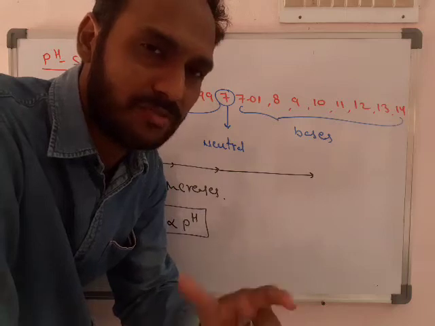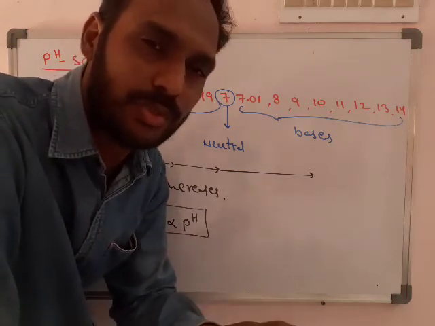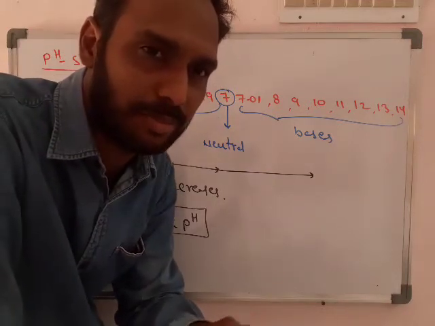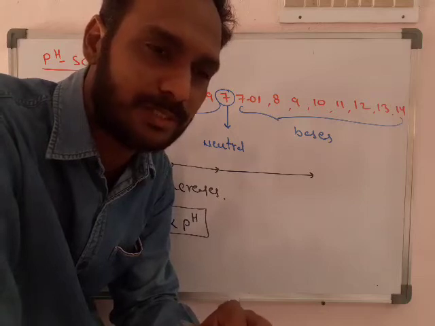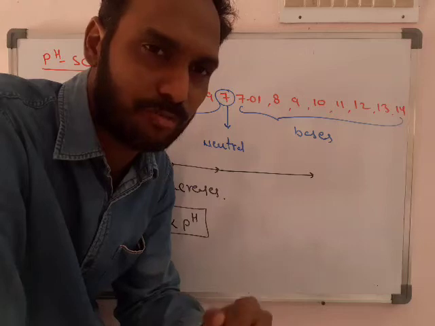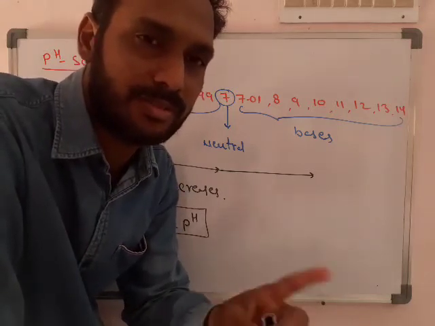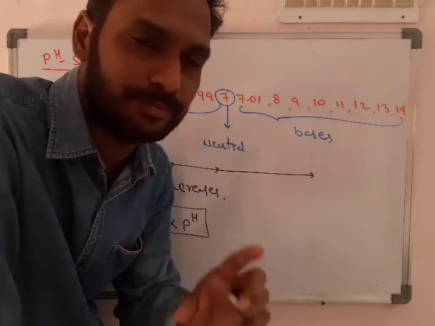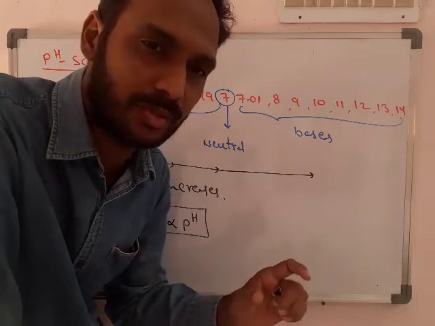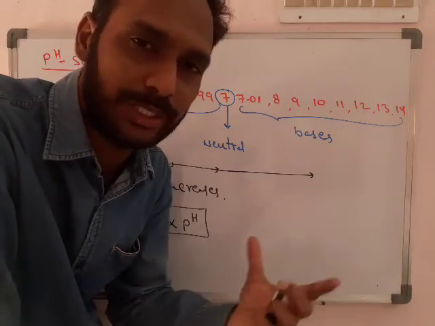With the help of the pH scale, we are able to know the acid, base and neutral solution comparison, and also we compare the strength of acids and separately the strength of bases, meaning which is strong acid, which is weak acid, which is strong base, which is weak base. It is limited from 0 to 14 values. It is also known as the Sorensen scale, which works from 0 to 14.